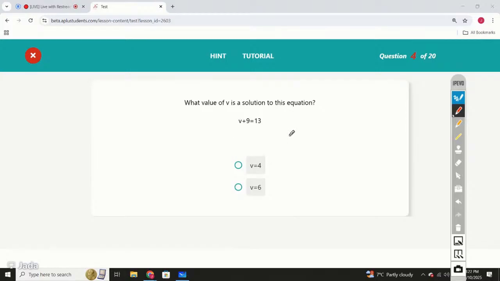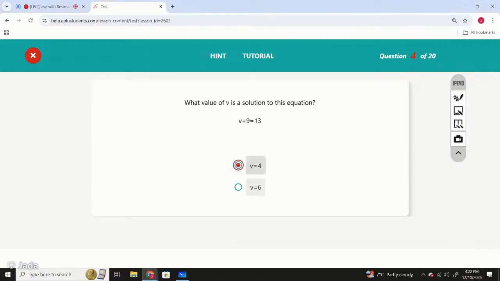Let's replace the variable V with the value 4, so 4 plus 9 equals 13. 4 plus 9 is 13, and 13 is equal to 13. So that means V equals 4 is the solution to this equation. Option number 1 is the correct option.